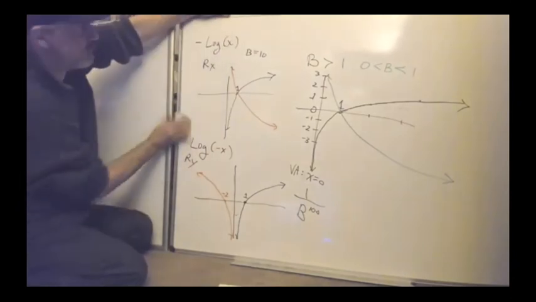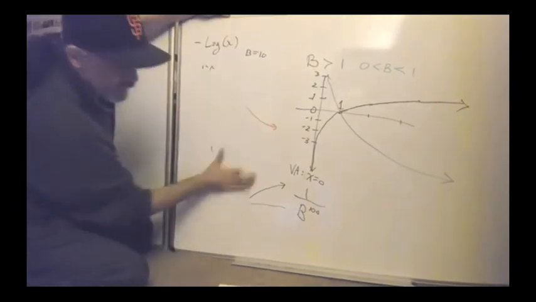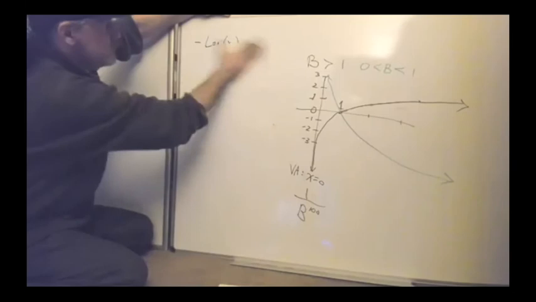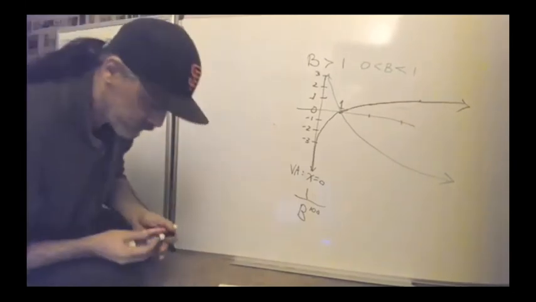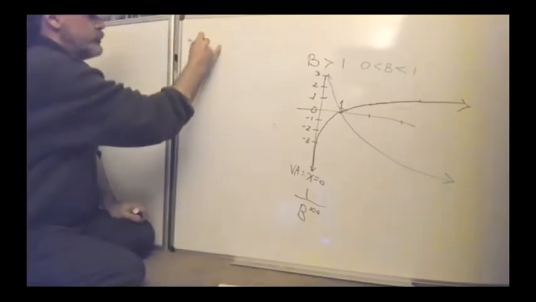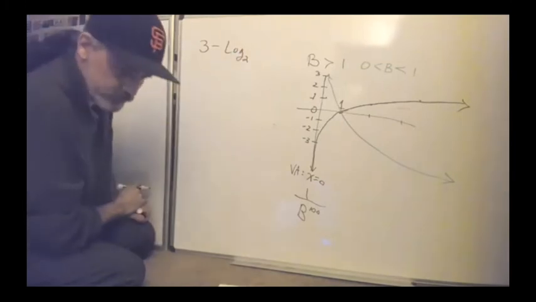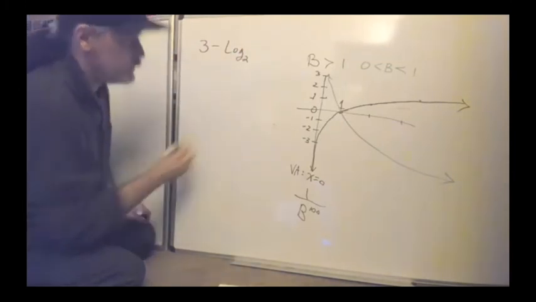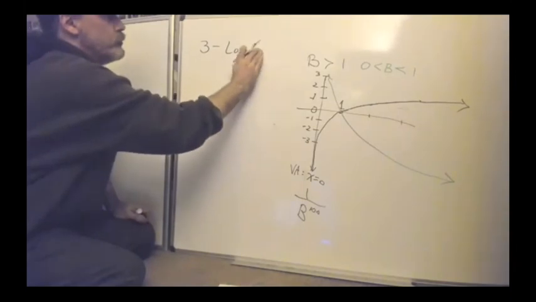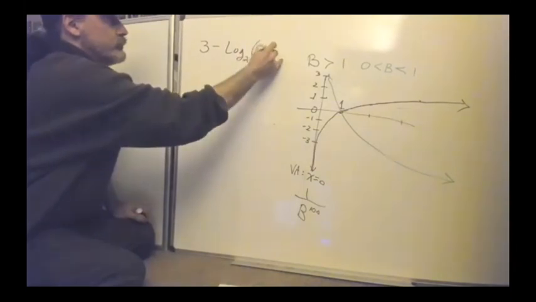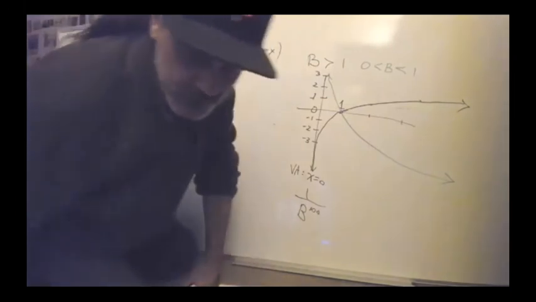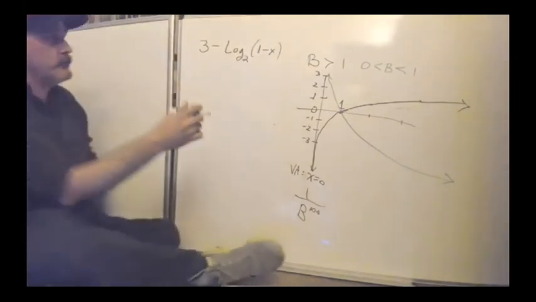Okay, so now let's look at when we have combined transformations. Let's say we had 3 minus the log, and this time I'll just say base 2, of 1 minus x. So we're going to have to analyze this a little bit more because we have a couple different transformations.